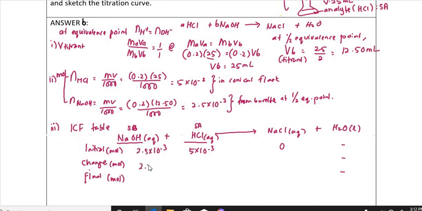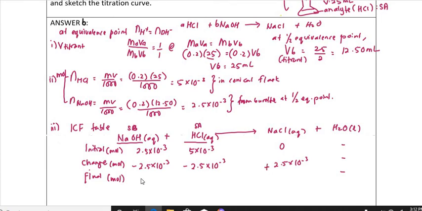So you put the smallest number of mole here for all species. As usual, reactant will decrease the concentration. Reactant decrease concentration, you put negative, and your product is positive, increase the concentration.